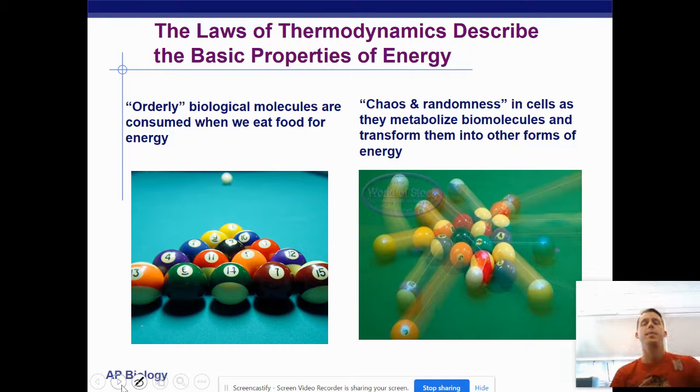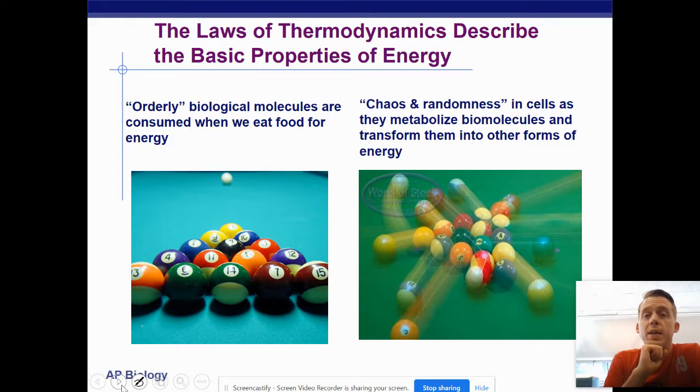So let's think about what we mean by disorder. Here we have an orderly biologic molecule, and the analogy for this is a pool setup. That is how it should be. It's orderly, right? But this can change.